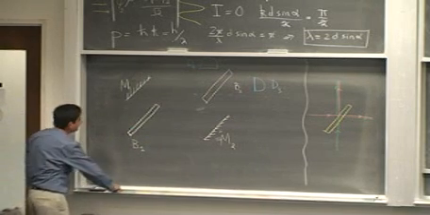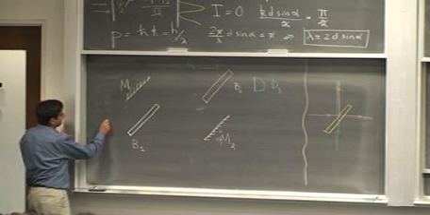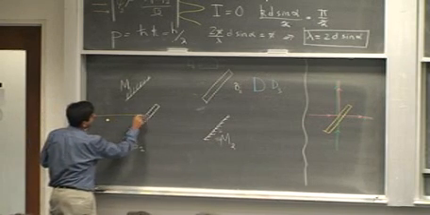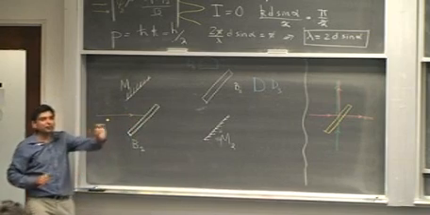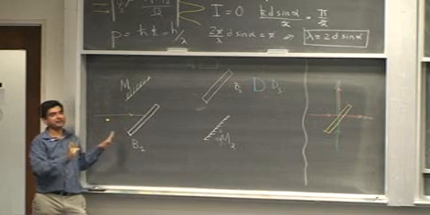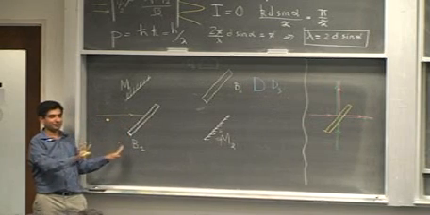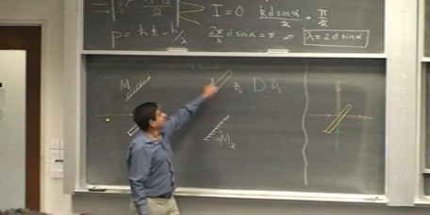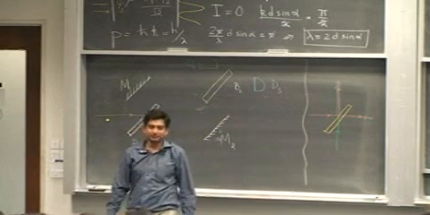A single photon comes in and encounters this beam splitter. Now my question is, which of these detectors will click?